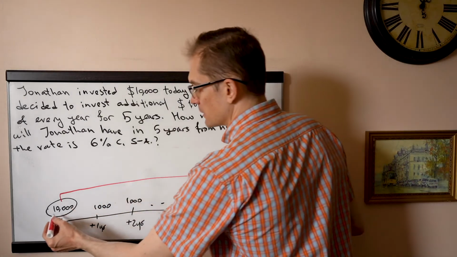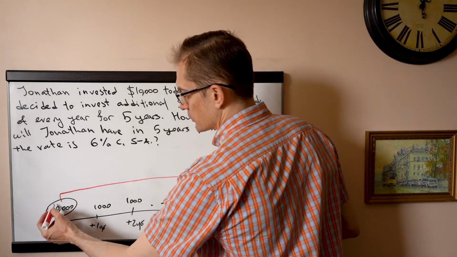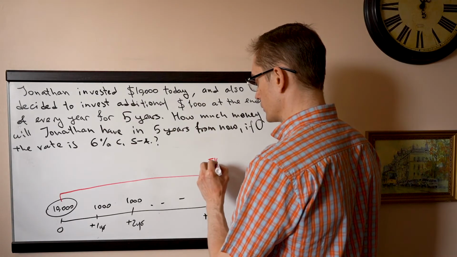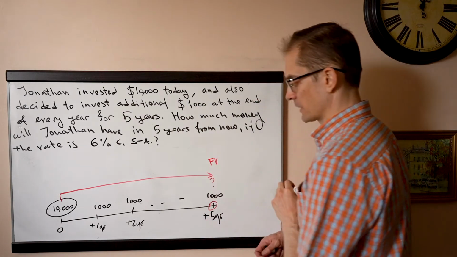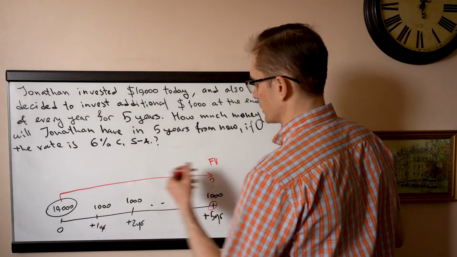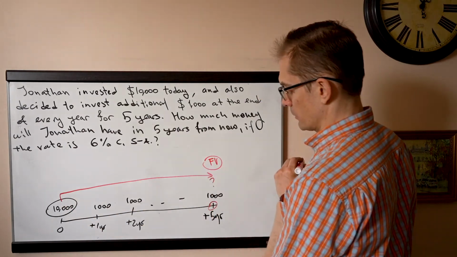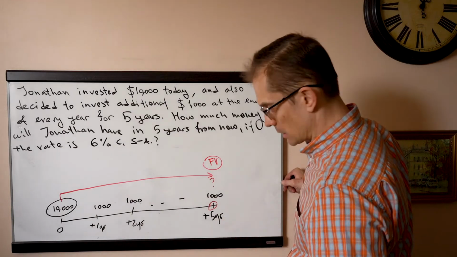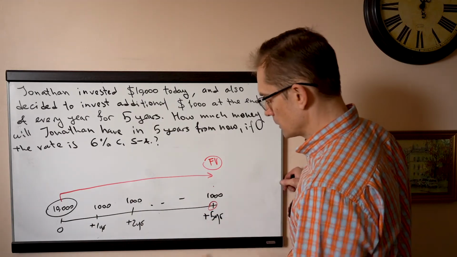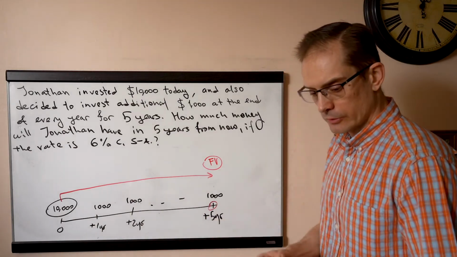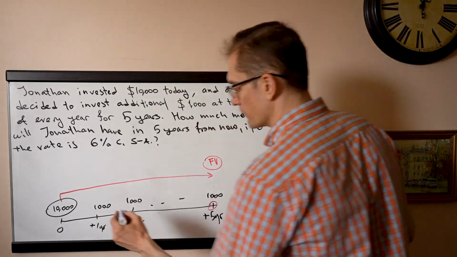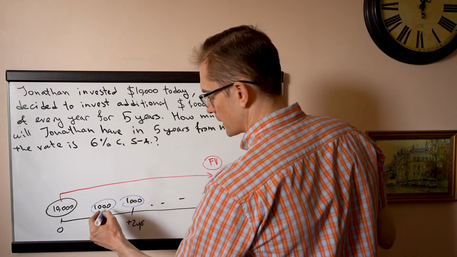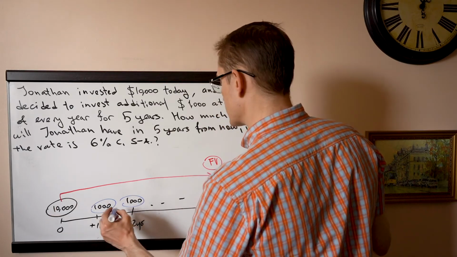So let's denote this $10,000 that grows for all 5 years. Let's denote it future value, simply just future value like this, right? So this $10,000 will become future value, okay? Now this annuity, let me use a blue marker maybe to differentiate this annuity from this bulk investment here.